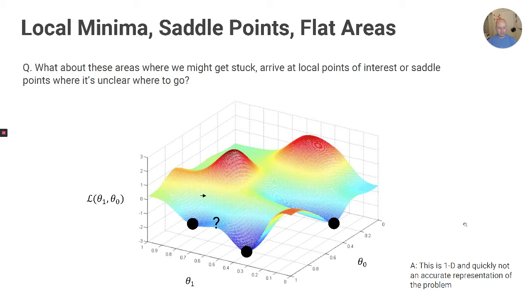And so you can imagine very quickly that in high dimensional space this doesn't really become an issue so much, because we're basically guaranteed a direction to go in at any particular point. So this sort of 1D problem is not a very good representation.